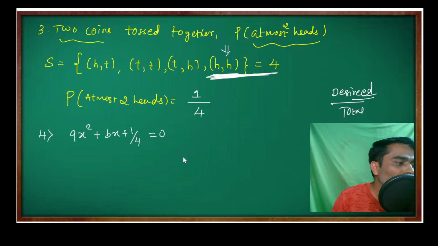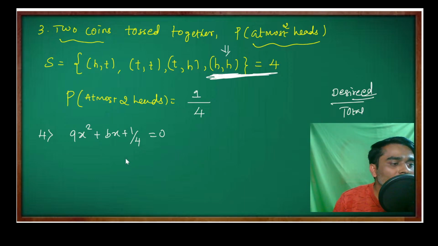At most means the maximum we need to consider. At least means if I say at least 1, then 1 can be there and more than 1 is also possible. At most 2 means final. Clear?